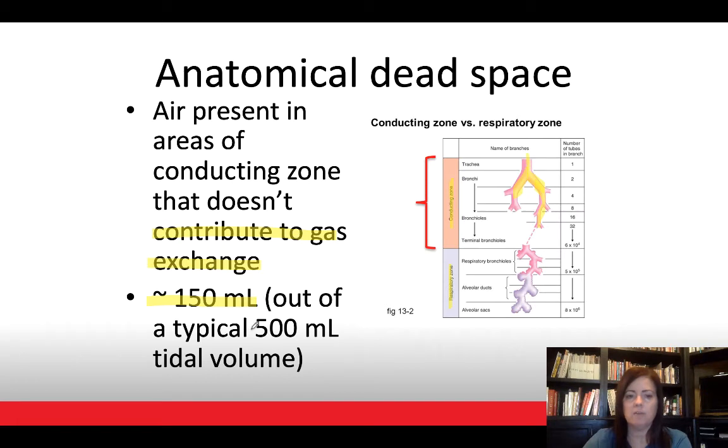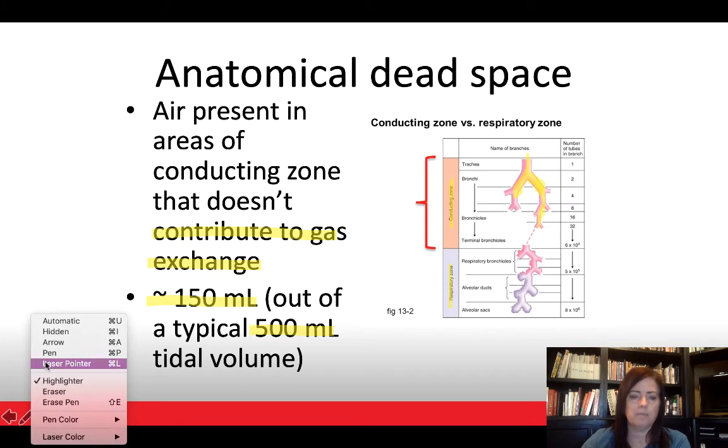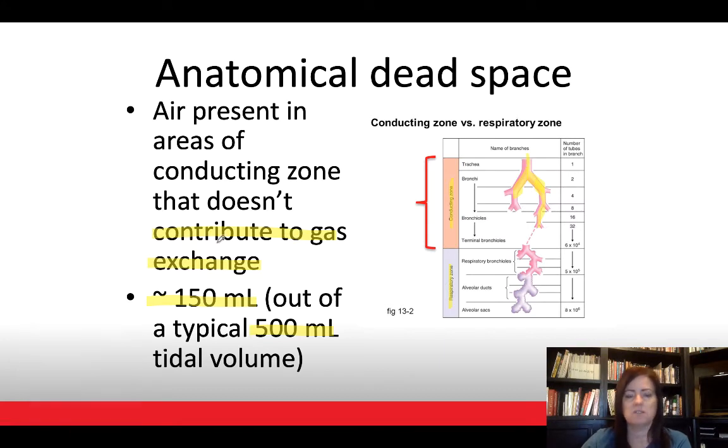So out of a typical 500 milliliter breath in and out, which is our tidal volume, about 150 milliliters of that is going to be dead air. It doesn't do anything for us. So if we actually wanted to tease out, okay, how much air contributes to gas exchange, we could actually subtract the two.